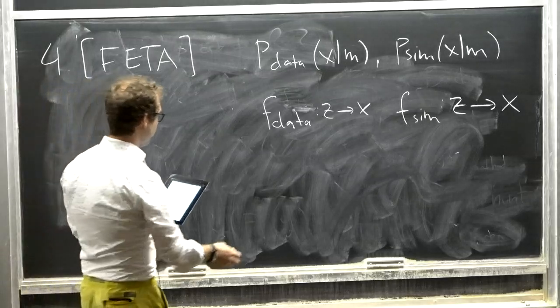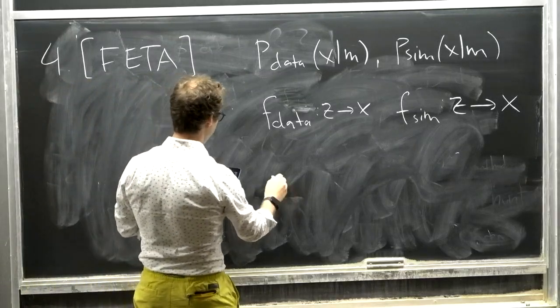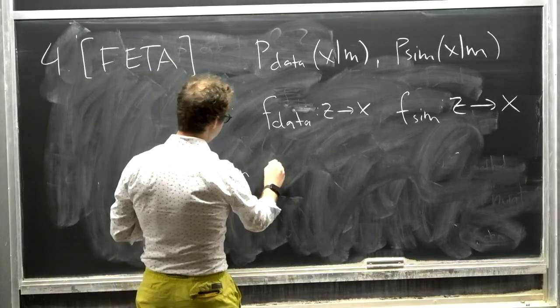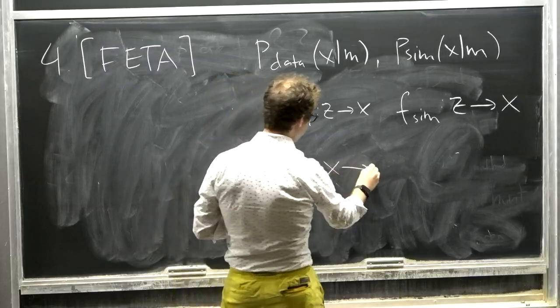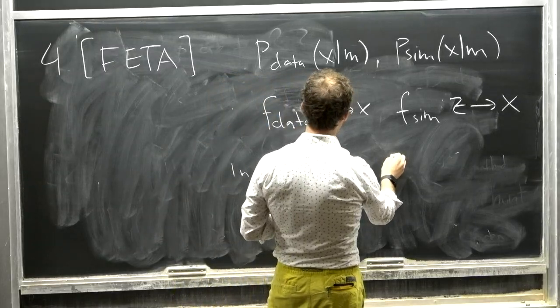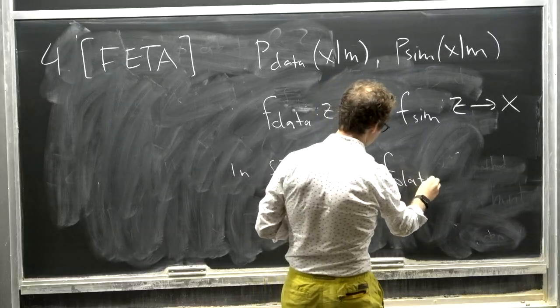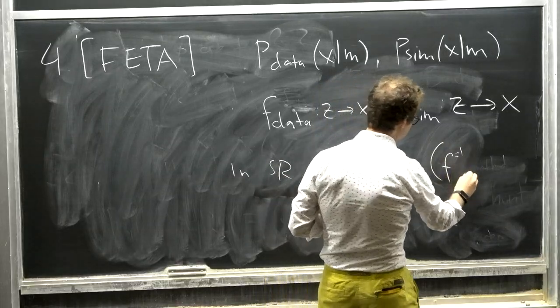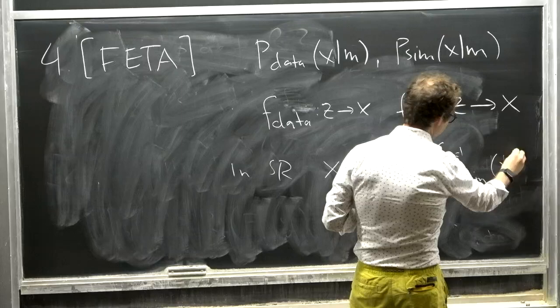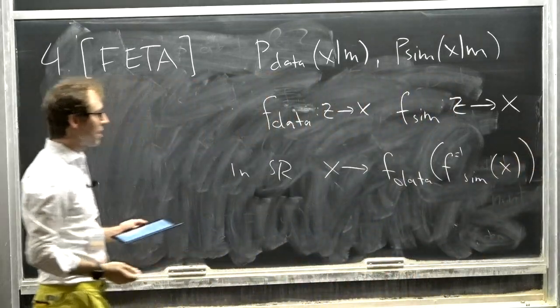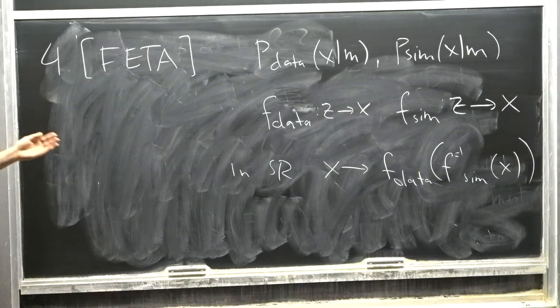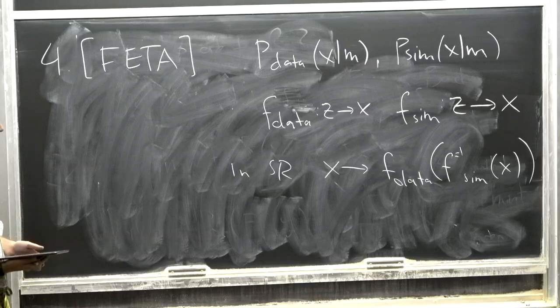Then in the signal region, I can map x goes to f data of f inverse sim of x. So I could take my simulated data in the signal region, map it to the Gaussian, and then map it back to the data space.